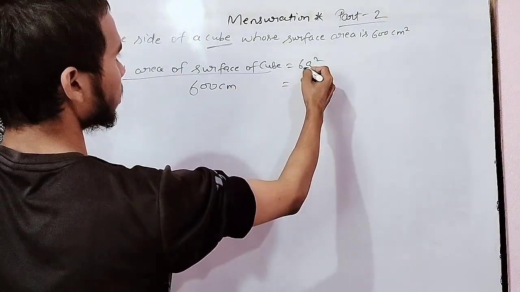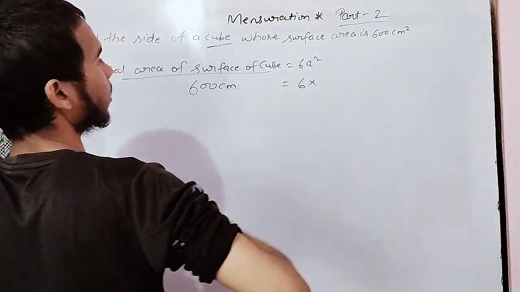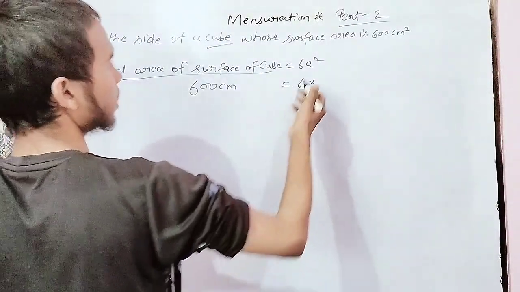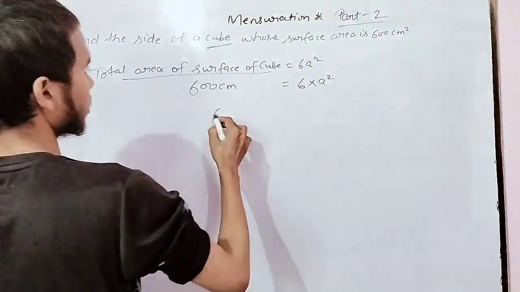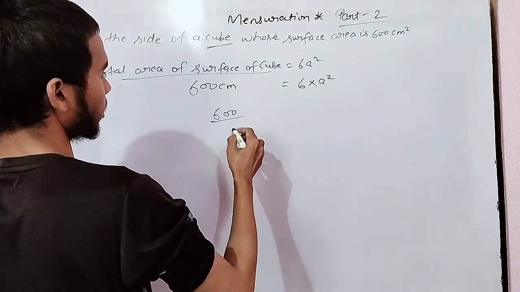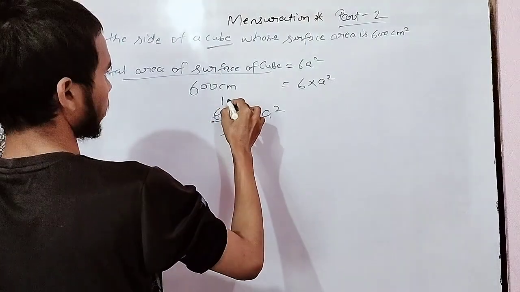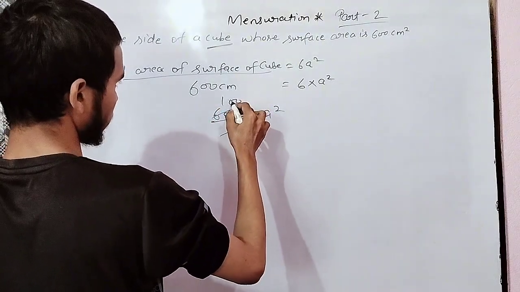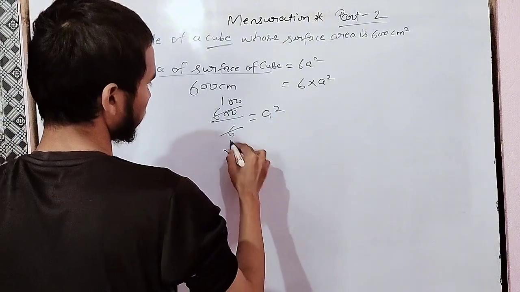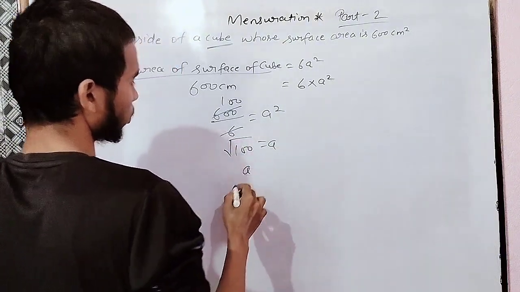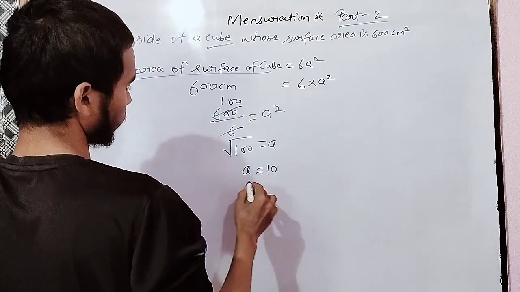So here we are simplifying it. 6a square is 600, so a square will be 600 divided by 6, which is 100. Now 100 is under root, so a is the square root of 100, which would be 10.